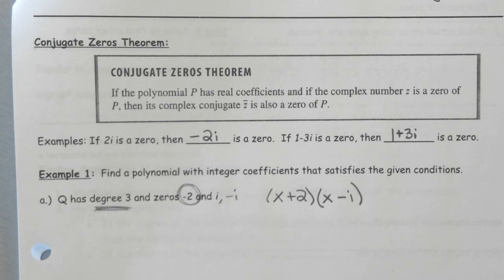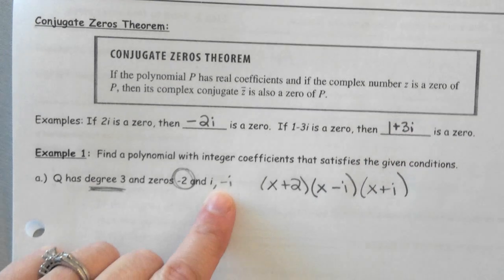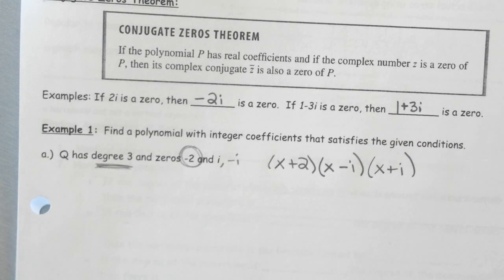What the zero product property says is if we have a bunch of things that multiply to give us 0, one thing along the way must have been 0. Think about subbing in i. Would i minus i give you 0? That's why that works. And then this one will be x plus i. So basically the game I'm playing is I'm changing the sign in front of the term.